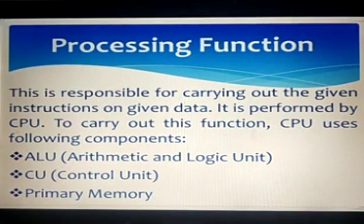And the third one, primary memory. This memory is made available to the CPU to store data and instructions being processed. You know that every program that is going to be processed must be present in the primary memory.